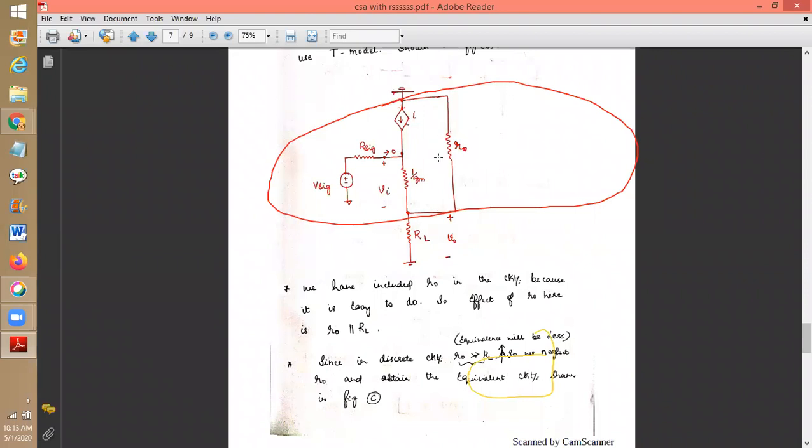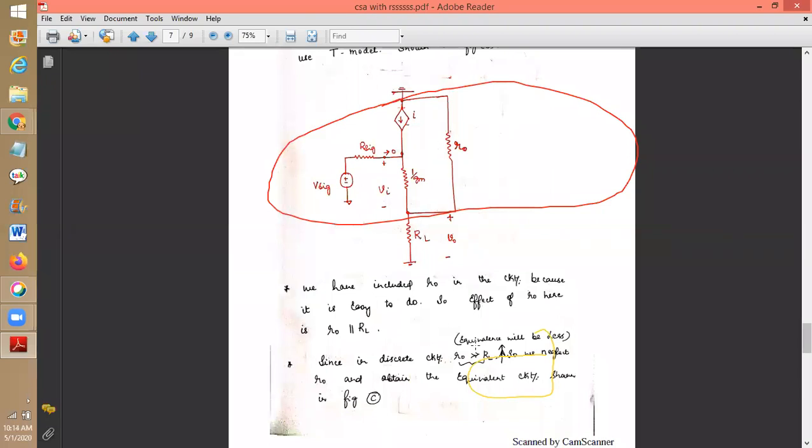Okay. This is resistance R0 and this is RL. This R0 is a very, very higher value compared to RL. R0 greater than RL means a higher value of resistance in parallel with a lower value of resistance will give an equivalent lesser than the least.